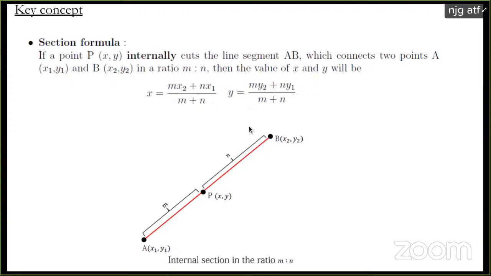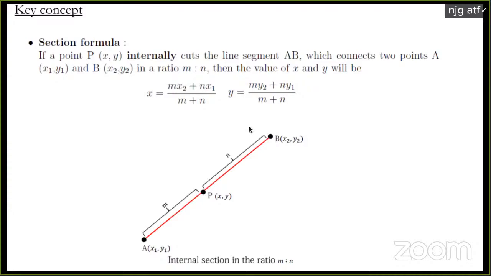If there is a point P which cuts internally the line segment AB in the ratio m is to n, you can see in the diagram. If it is here, P is cutting line segment AB in the ratio m is to n.